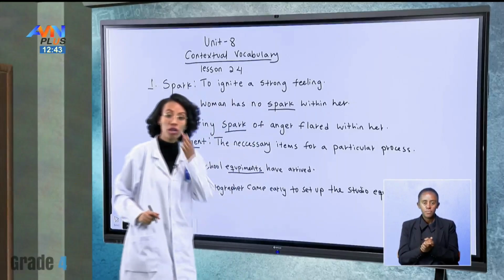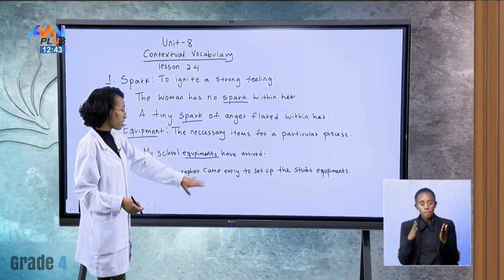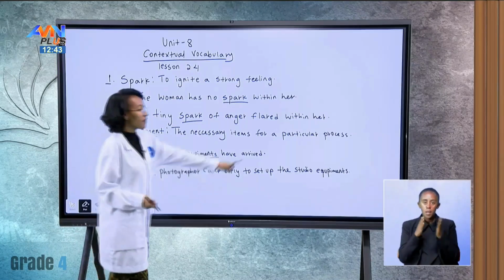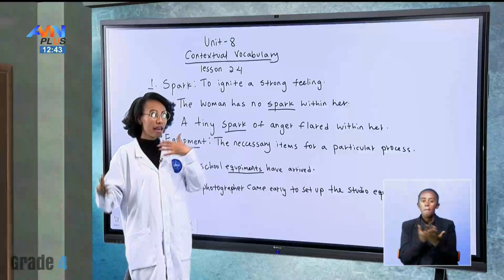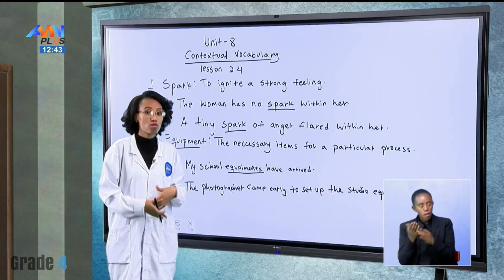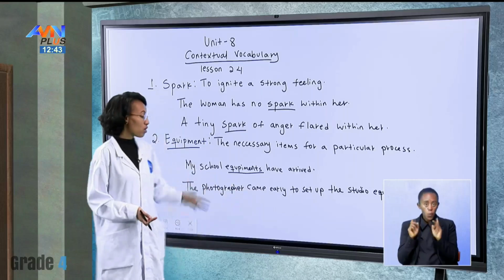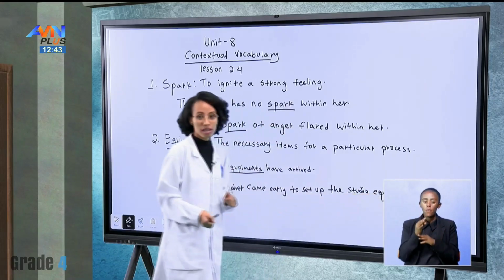Again, the photographer arrived what? Early or came early to set up the studio equipments. The materials like cameras and lightings or different kinds of things used in the studio. Okay? So that is, again, another way of using this word.